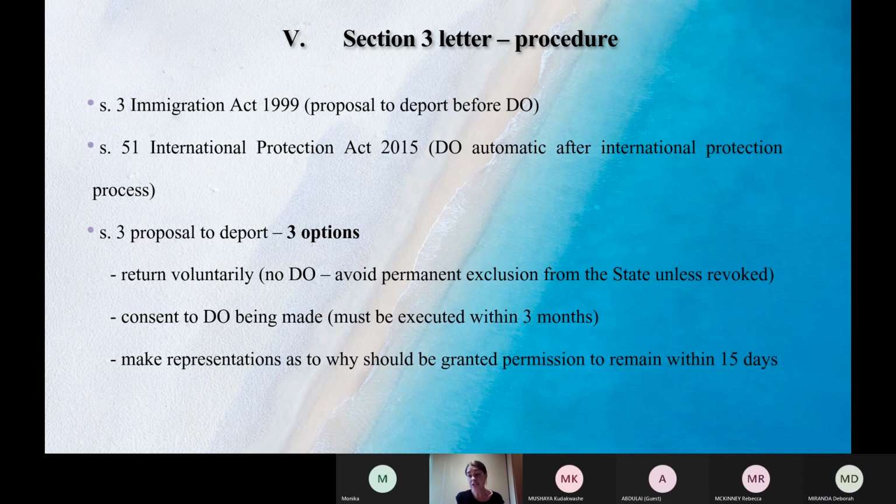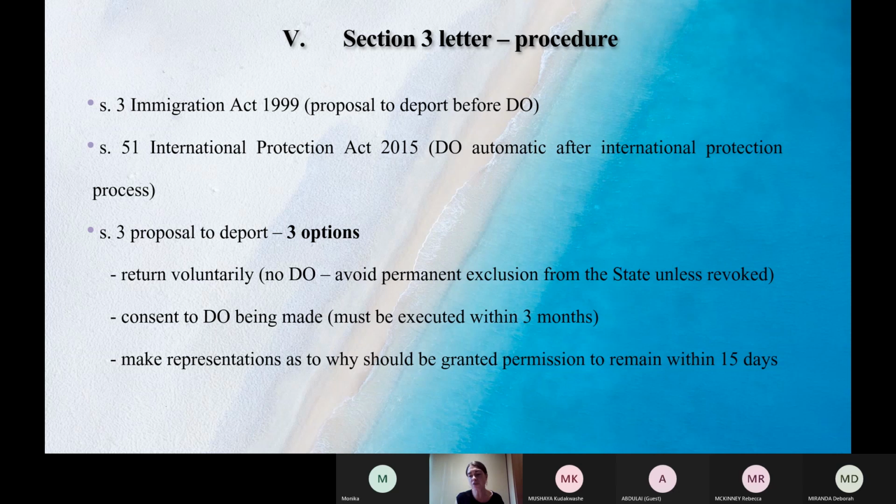In 2015, the asylum process was amended, and now after the asylum process, a deportation order issues under Section 51 of the International Protection Act 2015.